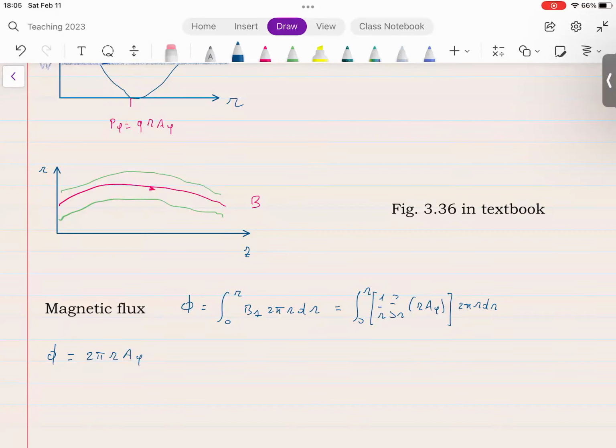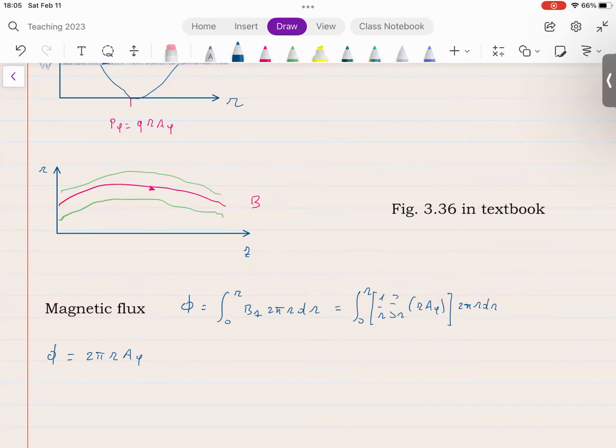Again, if you're familiar with what we do with tokamaks, and you remember what I said a few minutes ago, the quantity r a phi is called psi in tokamaks, and it's the poloidal magnetic flux. Well, here it is. This is, in fact, really magnetic flux up to a factor of 2 pi.